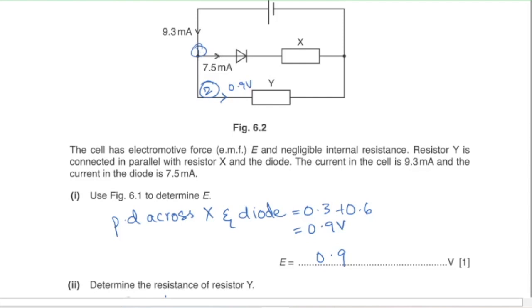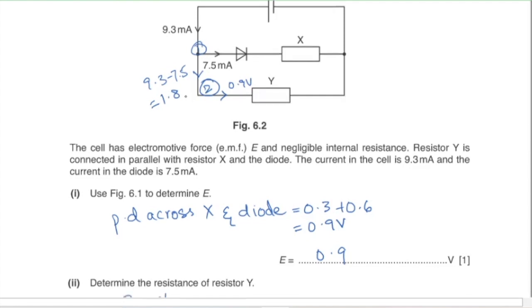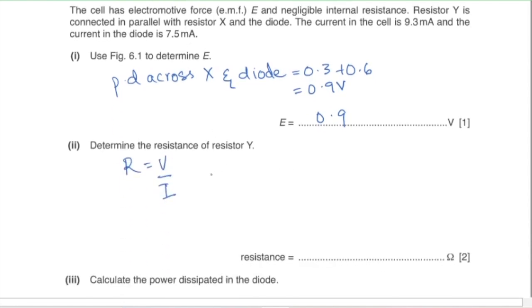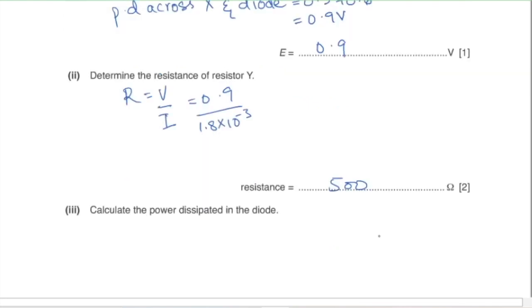The first one which gets divided at this end is 7.5, means here comes 9.3 minus 7.5 milliamperes, which is 1.8 milliamperes. Now that we have the voltage, which is 0.9, and 1.8 milliamperes, which we will convert to amperes, you will have the resistance of 500 ohms.